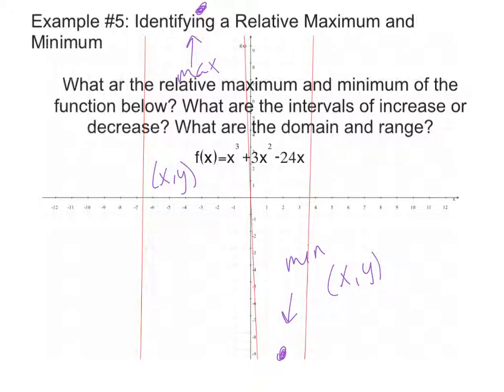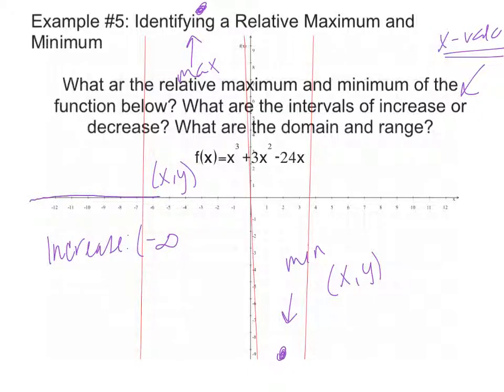And so then to find the intervals of increase, this is just the assumption that that's the max and that's the min. For increase, it would be from negative infinity, because when we talk about intervals of increase and decrease, we're only talking about the x values. So I'm going from negative infinity to whatever this x value is.